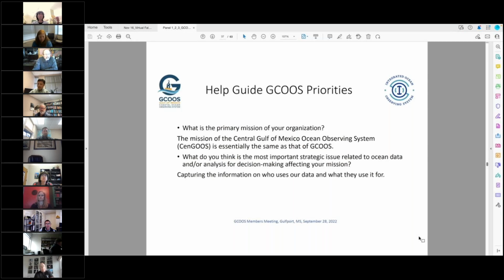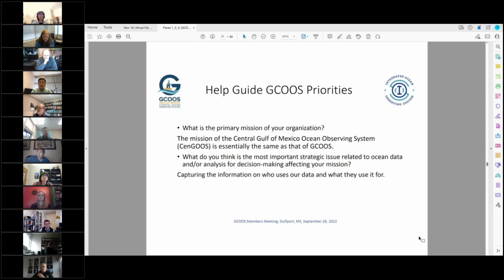And then facilitating research that's leveraging ocean observations, and then taking research developments and using those to enhance monitoring operations. So that brings in the research and the educational mission into what we do at CenGOOS.